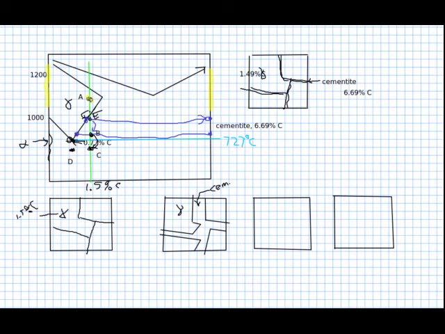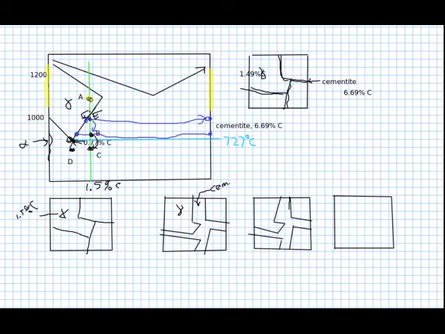So when I go below the 727 degrees, this picture is going to look the same, except the austenite that we had here. First, let me draw it. So this is the same picture, or an attempt to draw the same picture. Okay, except now the austenite no longer exists.